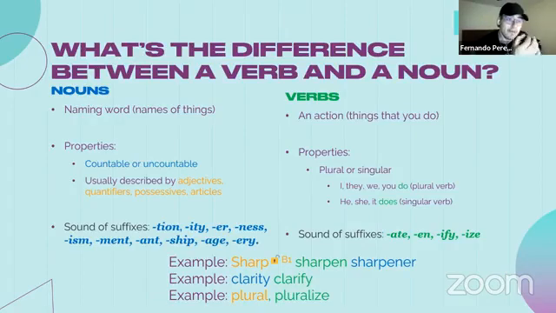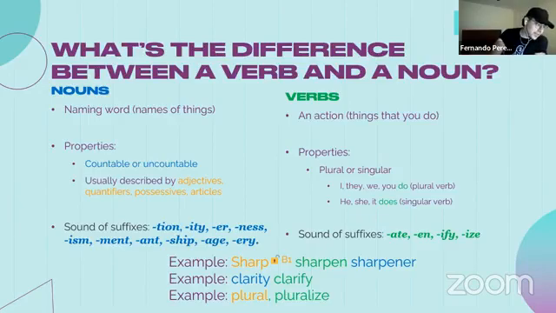I need to clarify this confusion, etc. Right? And then we have other words like plural, which is an adjective; together with the suffix -ize, you obtain pluralize, which is going to be the challenge.